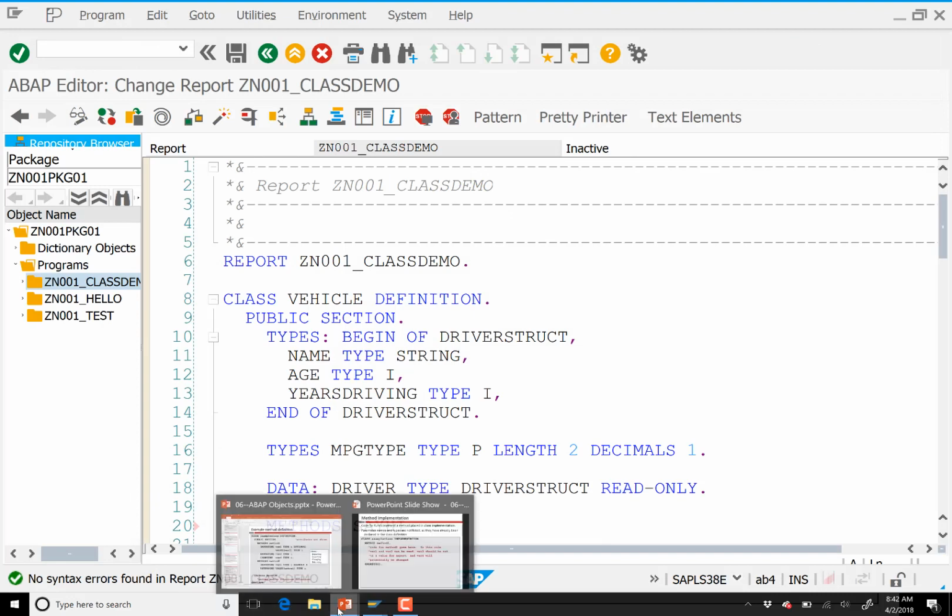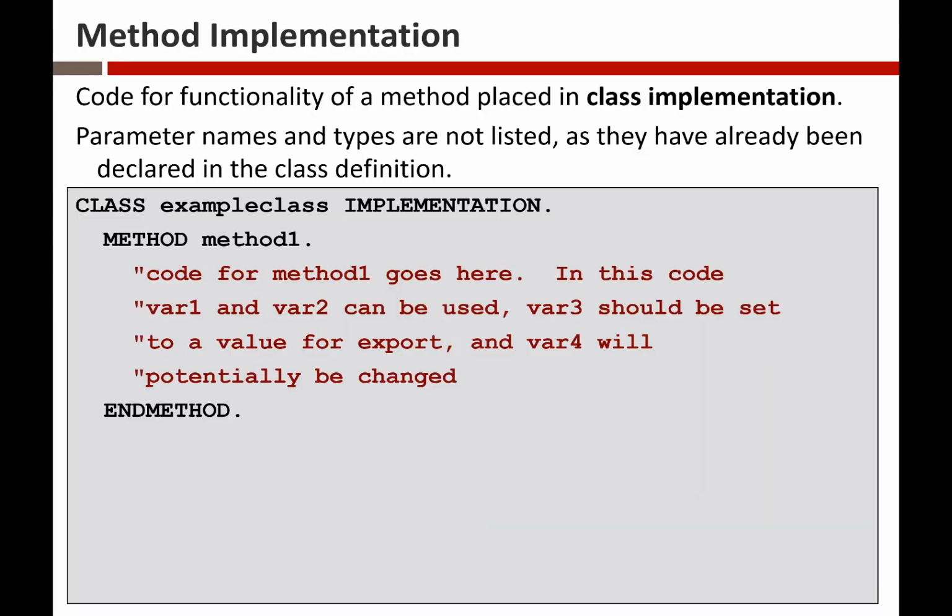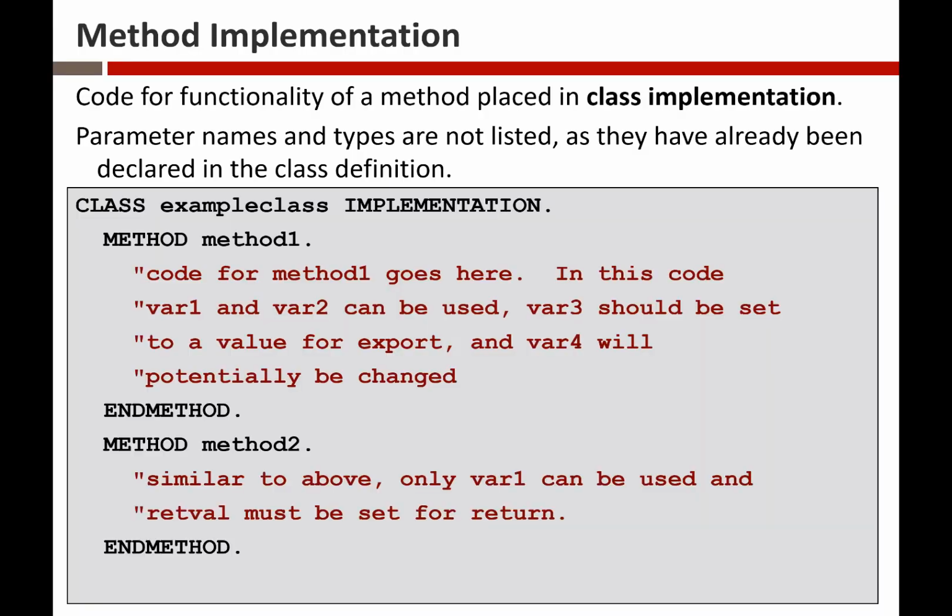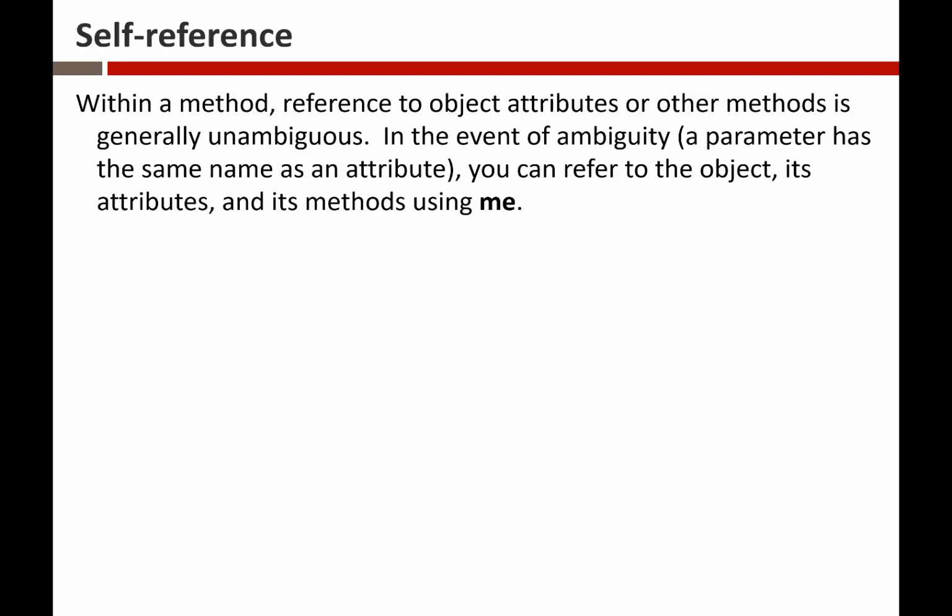Any questions so far? Okay, so I didn't have to employ it this time, but we may at some point in the future. Within a method, reference to an object's attributes or other methods is generally unambiguous.